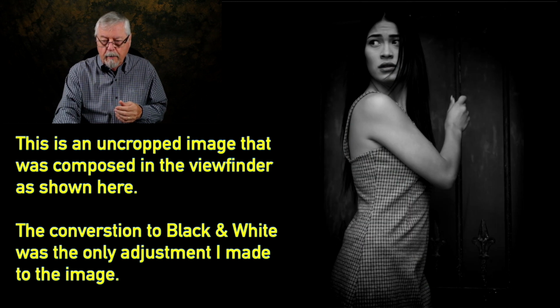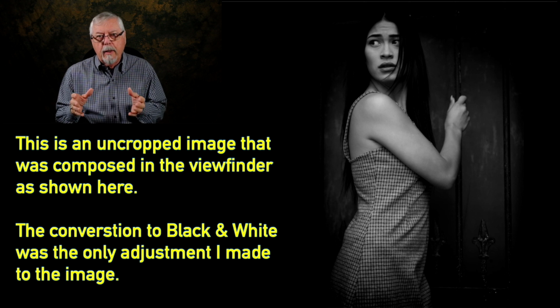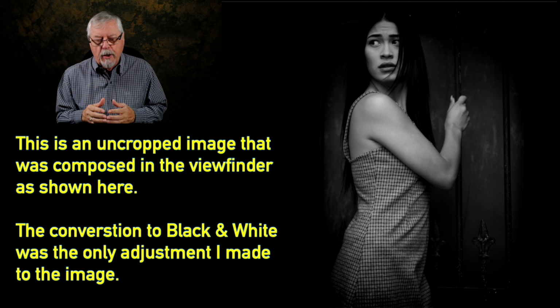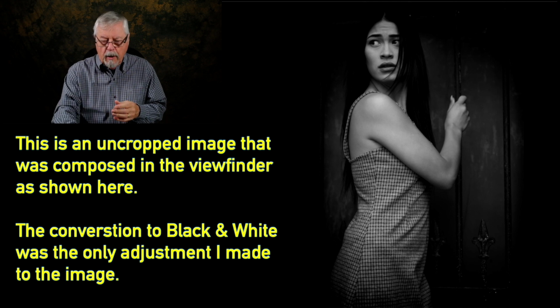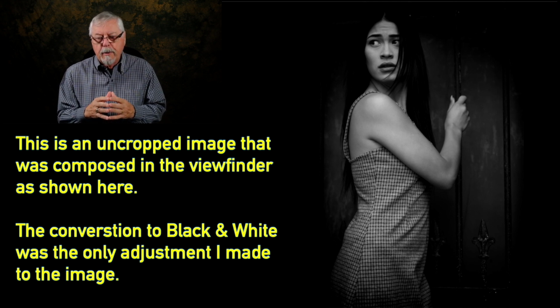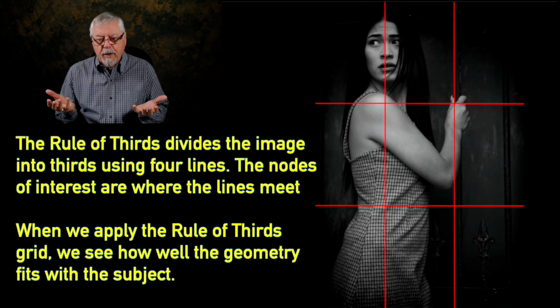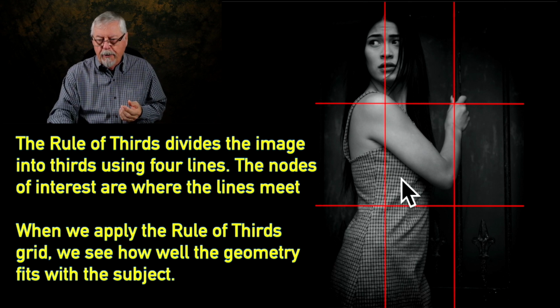So this one, again, is another photo that is full, uncropped, exactly as I shot it. The only thing I did here was convert it to black and white. We're going to look at applying the rule of thirds to this image and see what it does for us. Rule of thirds is simply dividing the image up in threes, this way and this way, by using 4 lines.